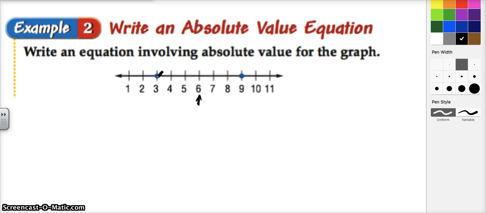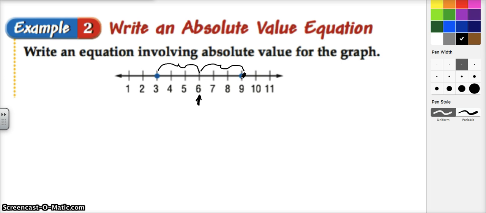When you get two different numbers that you're supposed to have as the solution for an absolute value equation, you need to figure out what you're actually finding the distance of. In this case, I know this is weird, you're finding the distance from 6. So you're looking for a number whose distance from 6 is 3.